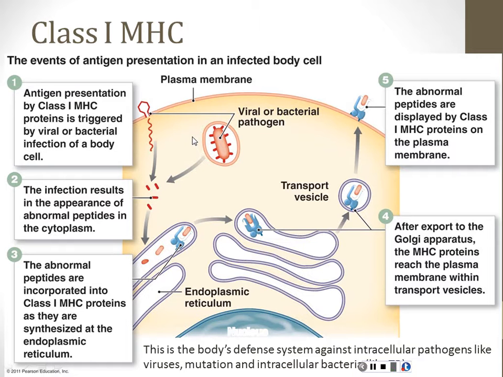So when they recognize something that doesn't belong, like here's a piece of a virus, here's a bacteria that's been swallowed, well, the cell destroys those invading things. And in the process of that destruction, we get these little bits and pieces of those things that we call antigens.